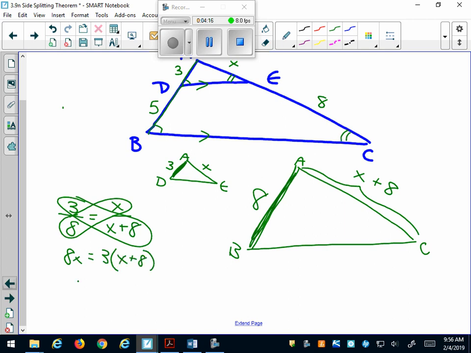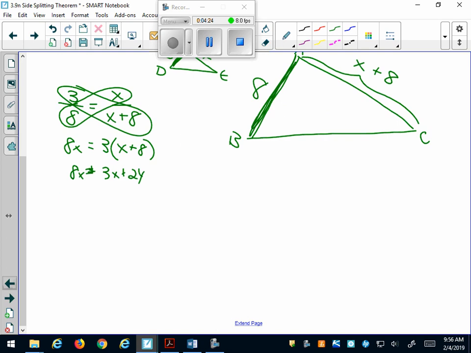And that's 8x equals 3x plus 24. And we get, subtract 3x from both sides, 5x equals 24. X equals 4.8. So x would be 4.8.